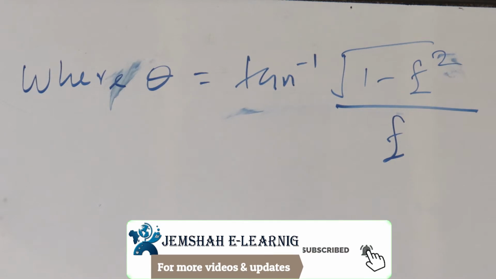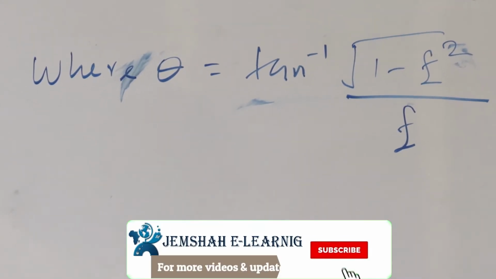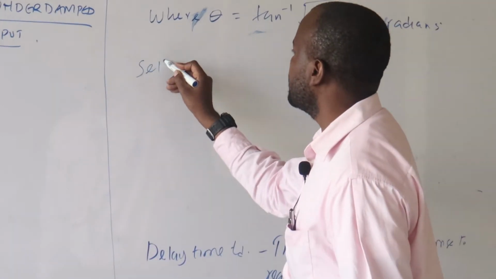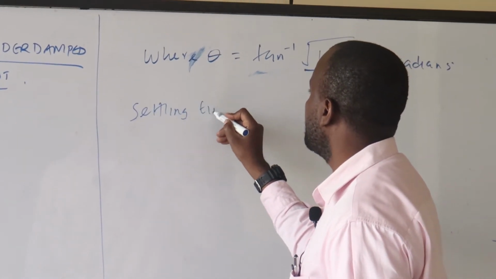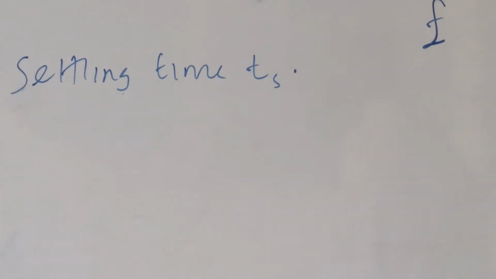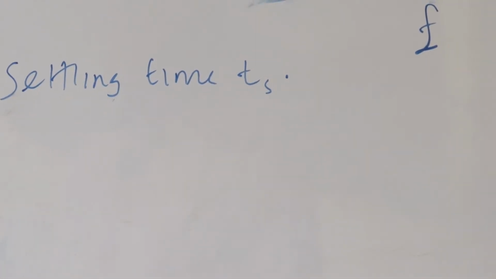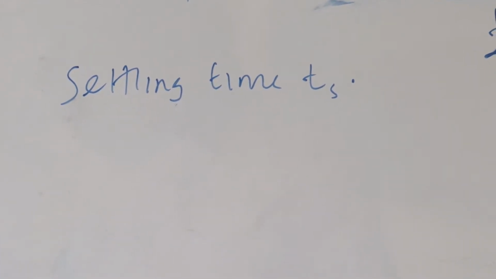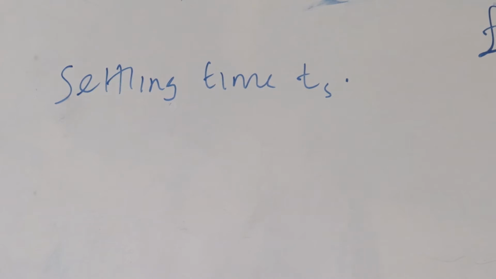Then the next definition that we can look at is what we usually refer to as the settling time, TS. When you talk about the settling time TS, we are simply referring to the time required for a response to reach and remain within a specified percentage of its final value.